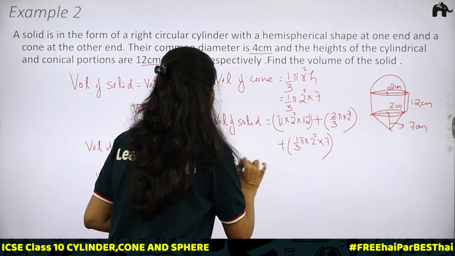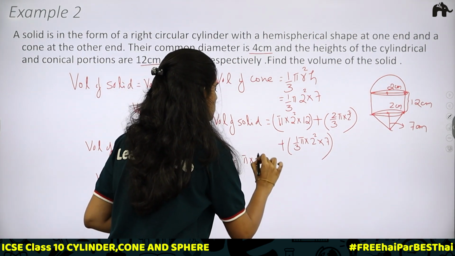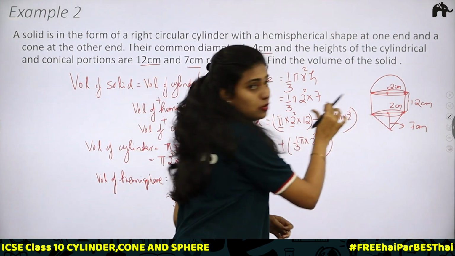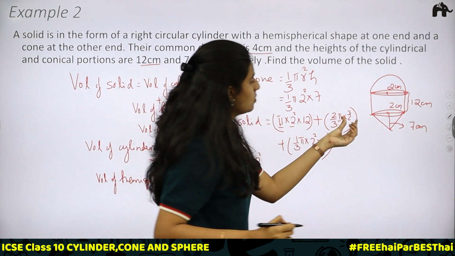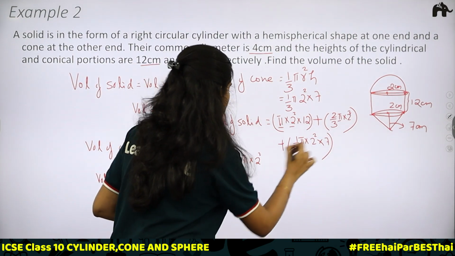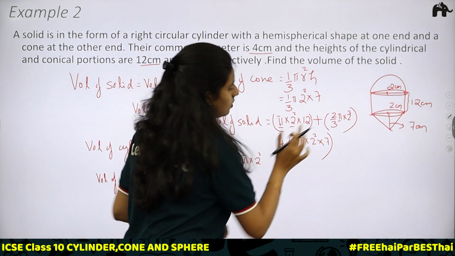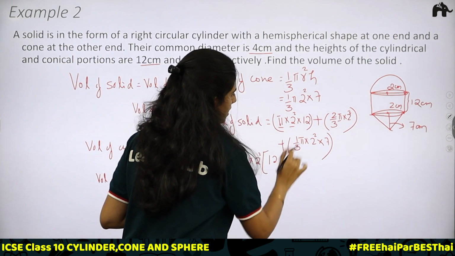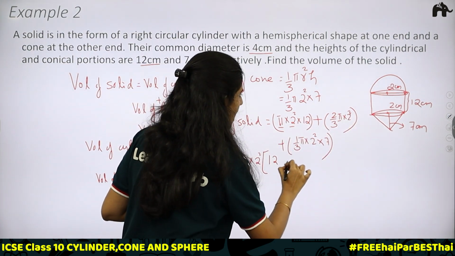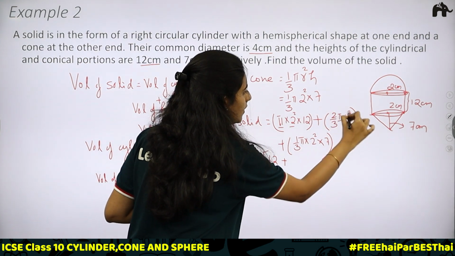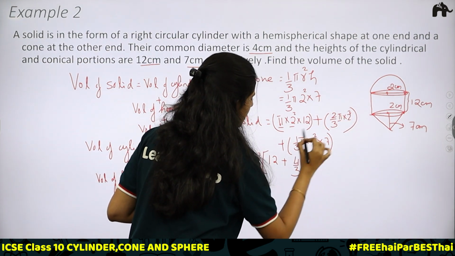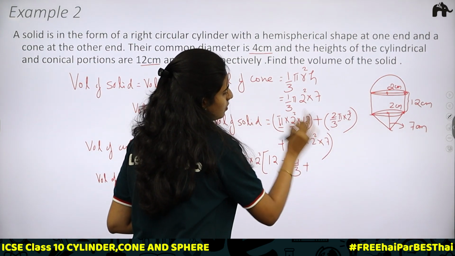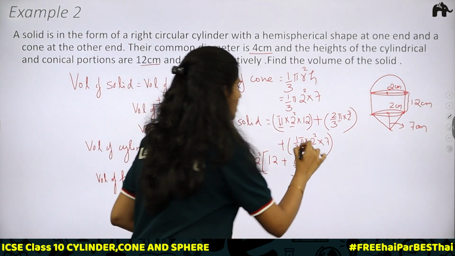Here pi into 2 square is common. Here we have pi and 2 square. We have 2 cube here, from which 2 square can be taken out. Then here again we have pi into 2 square. The remaining, from this part it is 12. From this part we will be having 2 into 2, 4 by 3 plus, from this part we have taken pi into 2 square, then it is 7 by 3.